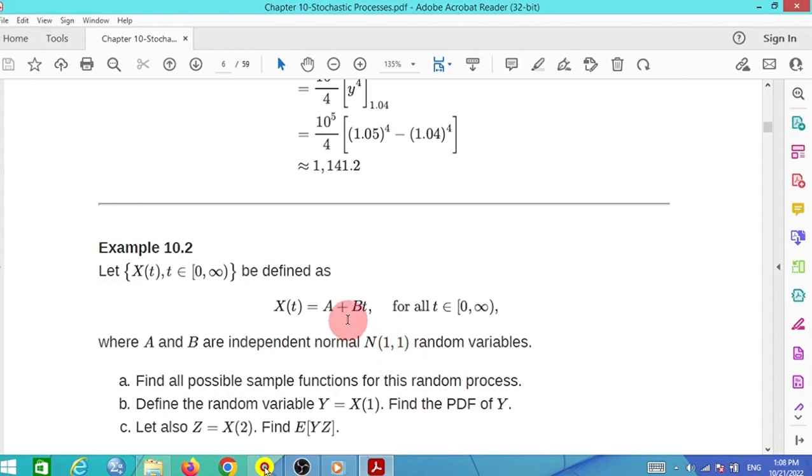Come back to the previous chapters and study the normal distribution. See the density function for the normal distribution. Find all possible sample functions for this random process.